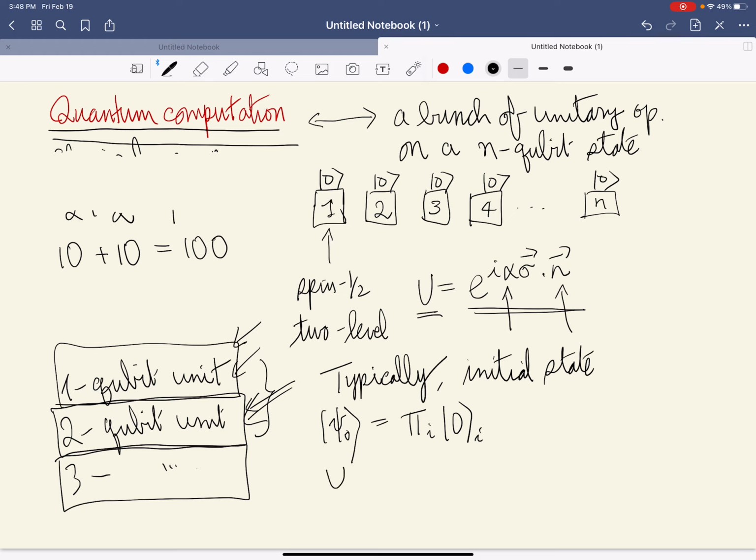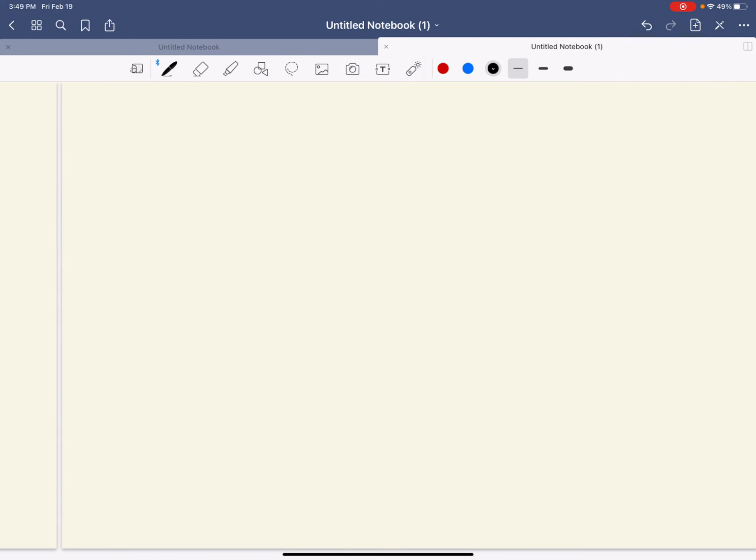And then you perform some unitary operation on this, which will generate a new different state. And on top of that, you perform the second stage of a unitary operation, which will give you yet another state, and so on. So by applying a whole bunch of these unitaries, the final state will be obtained.